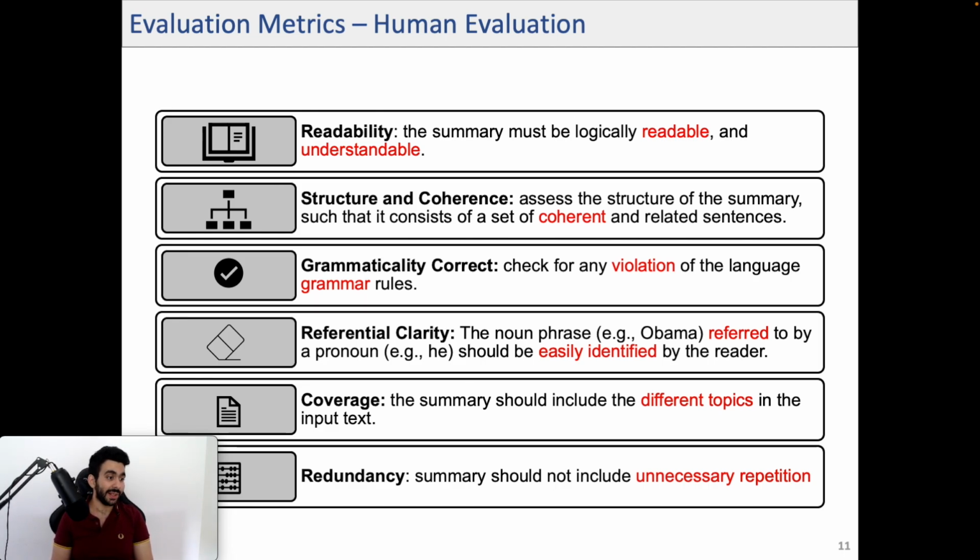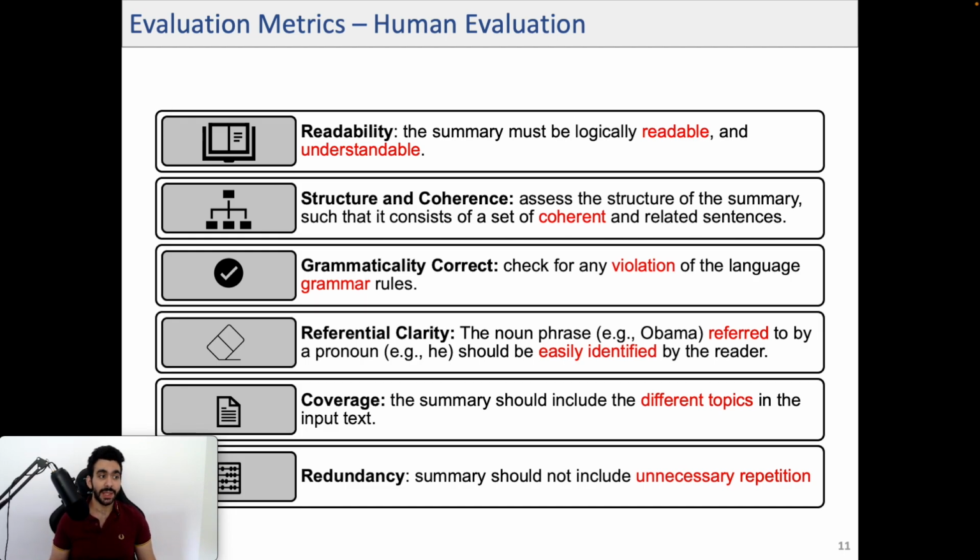they defined multiple points for human-based evaluation of the summary, starting with readability: the summary must be logically readable and understandable. Then structure and coherence: it should have coherent and related sentences together. It should make sense with respect to structure and coherence.